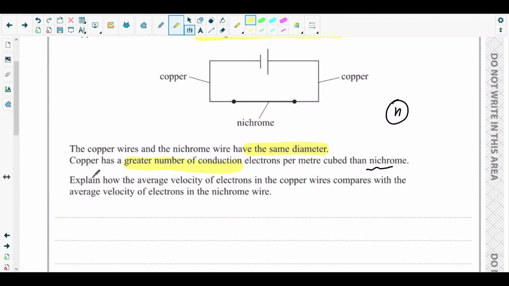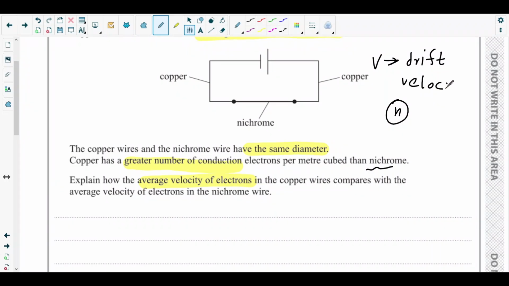So the question is asking to explain how the average velocity of electrons in the copper wires compares with the average velocity of electrons in the nichrome wire. So basically, the question is asking to consider the drift velocity. Drift velocity is the overall velocity or overall movement of the electrons as current flows through the conductor, right?